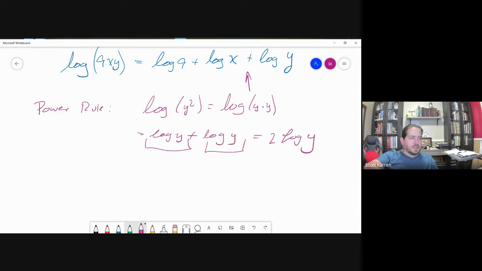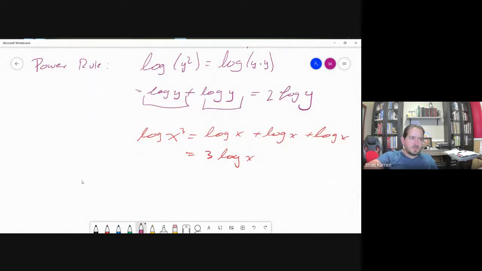And likewise, if I had something like log of x to the third, I can break that up into the log of x plus another log of x plus another log of x. But that's 3 logs of x, right? And I can then generalize this into the log of whatever it is to some power.